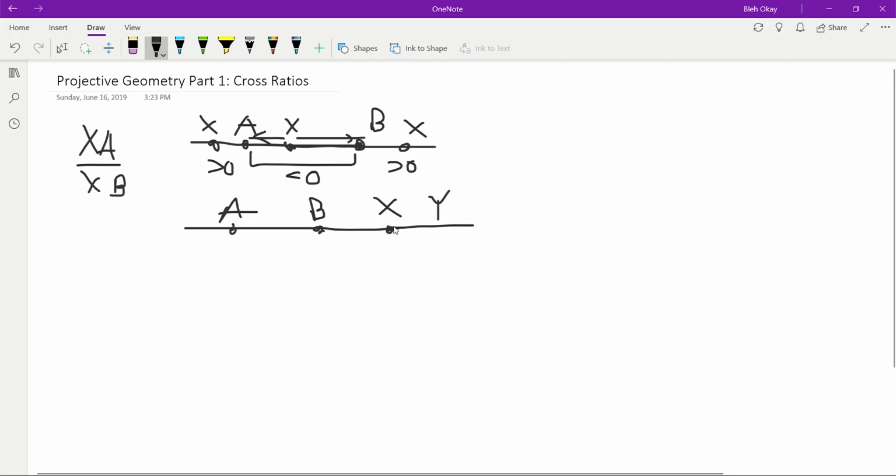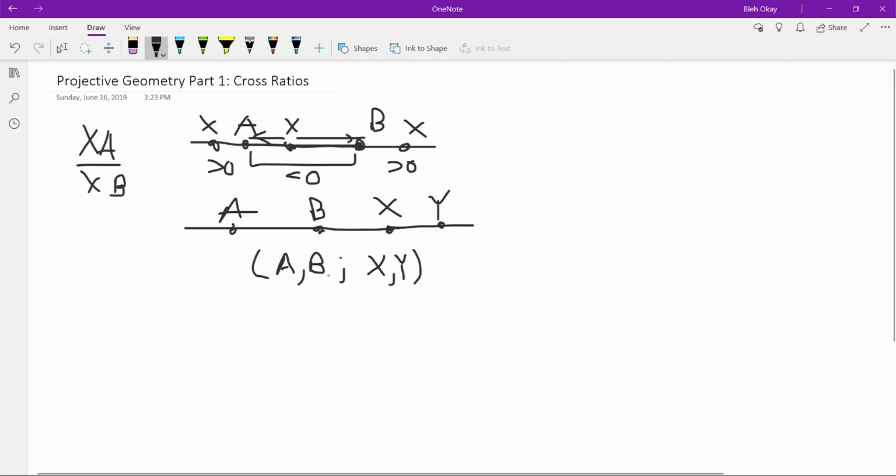We have 4 points, and we write the cross ratio like this: AB, and I'll say AB cross XY. Sometimes you can write commas here. It just depends.